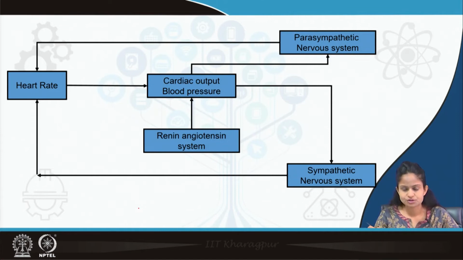So, this is the diagram showing the various factors which are responsible for the generation of heart rate or RR variations or RR intervals.